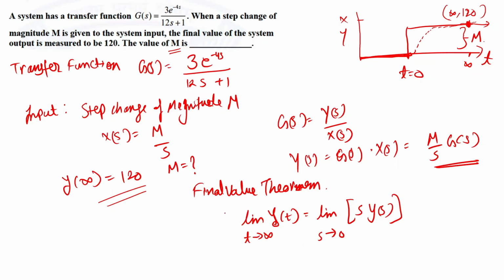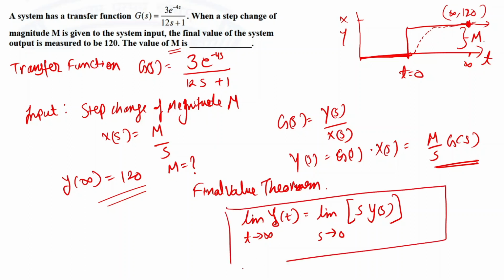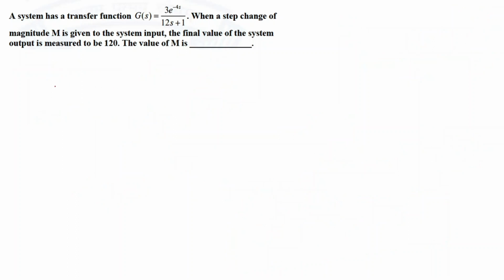So we will use this final value theorem to find the value of m. That is, limit t tends to infinity y(t) is equal to limit s tends to 0 of s Y(s).